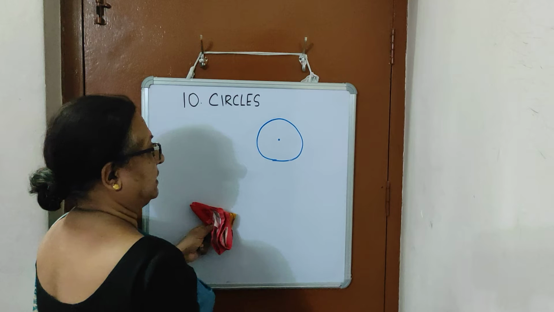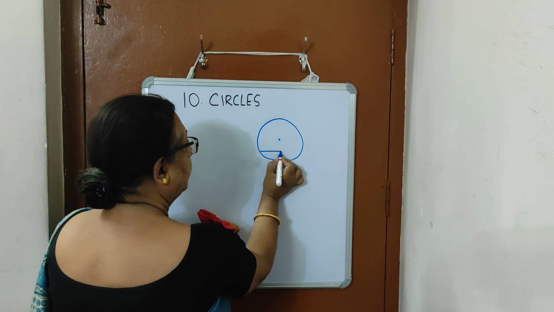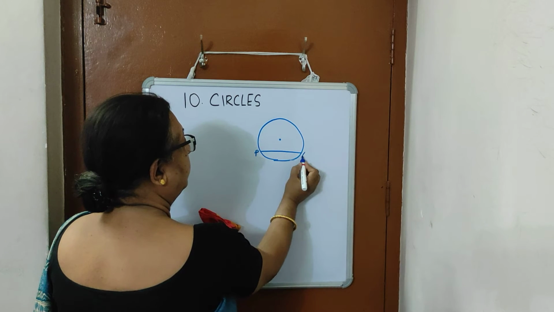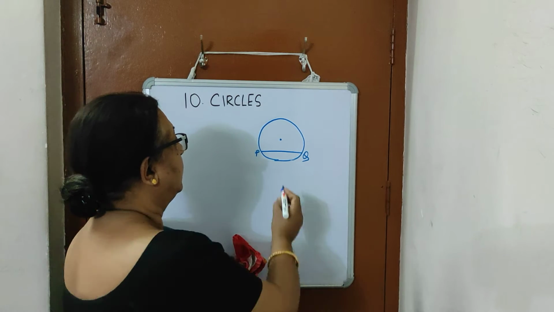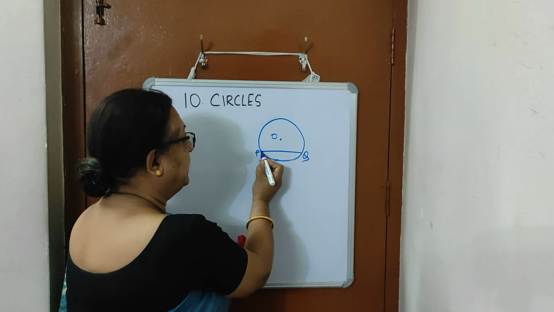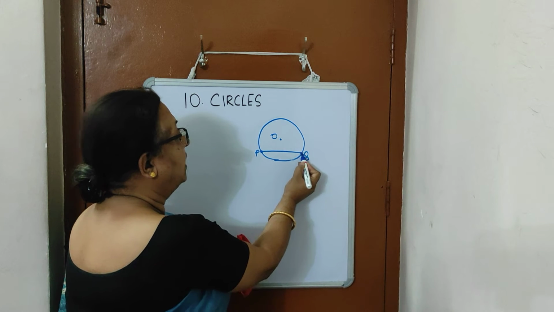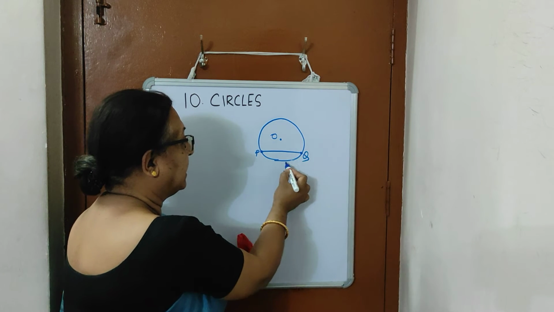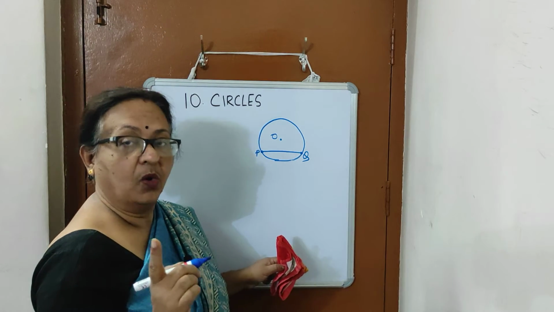This is the center of the circle. Now, PQ is a chord of the circle. These points P and Q are dividing the circle into two parts. What are they?